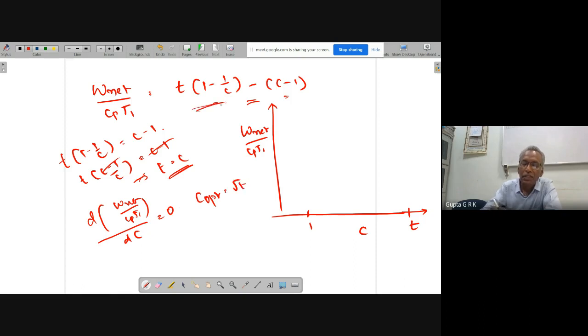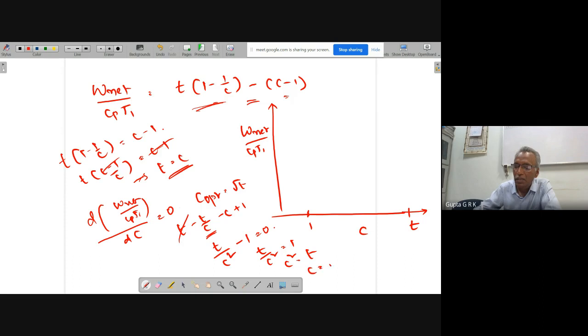You just differentiate: T minus T by C minus C plus 1. The differentiation of the first term is 0, and of the second is T by C square, and minus 1 equals 0. So T by C square is 1, C square equals T, and C equals root T.